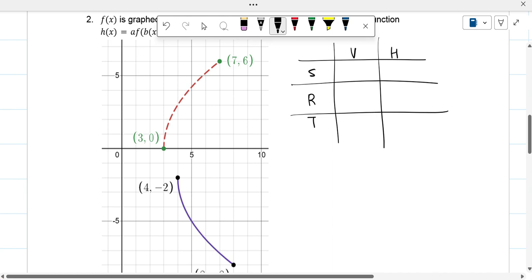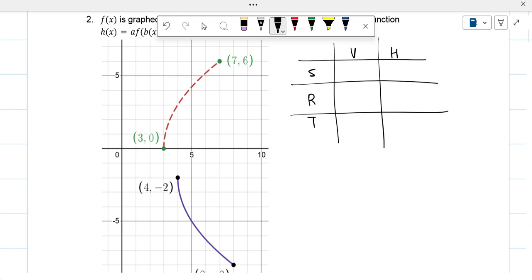The first thing that I'm going to analyze is the stretch, obviously. So let's figure out what was the vertical stretch. I measured the vertical stretch by comparing the two endpoints of the graph, or in using the jargon, we're comparing the range.